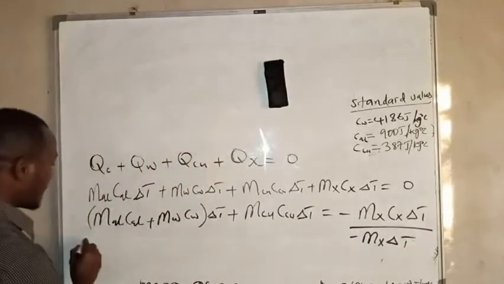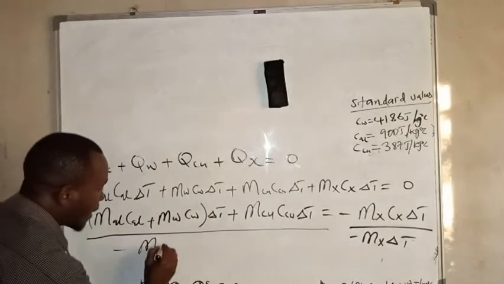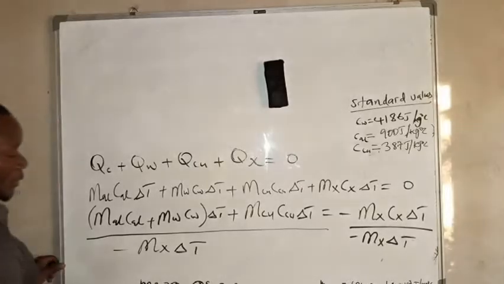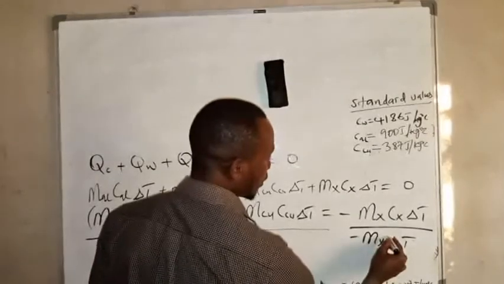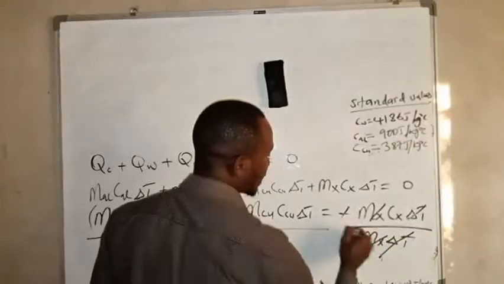Here, negative mx delta T, so that this and this will cancel, this and this will cancel, and the negative and negative will cancel.